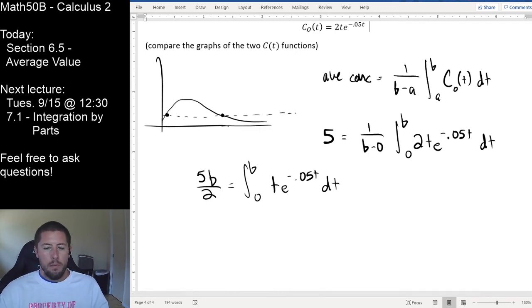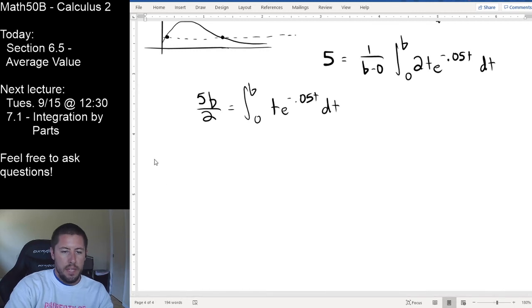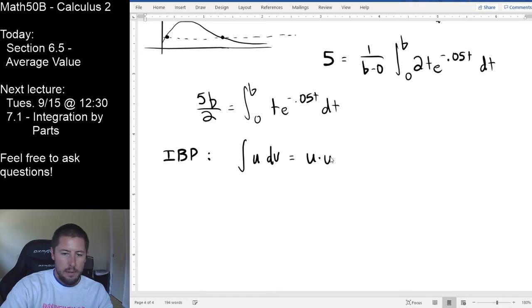What we're going to discuss, so I'm just going to state this right now, we'll discuss the details of this tomorrow. But the integration by parts formula, the rule that we'll use, IBP, integration by parts, what this says is that if we can build an integral of u dv, then this is equal to u times v minus the integral of v du.